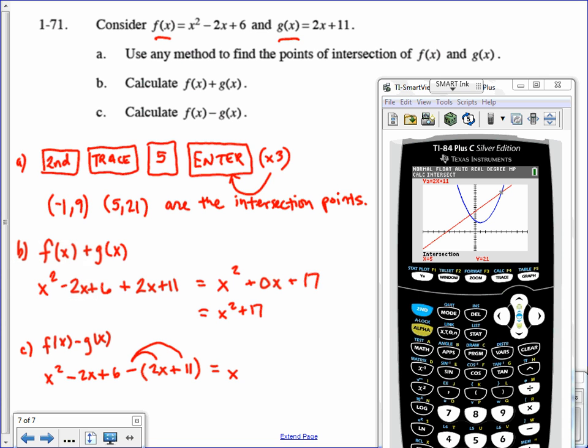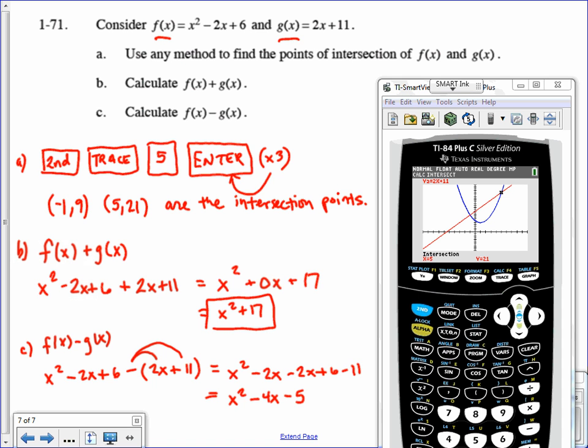So right now we're at x squared minus 2x minus another 2x plus 6 minus 11. The plus 6 came from here, and the minus 11 right here. Combining like terms, we have x squared minus 4x, and then 6 minus 11 gives me negative 5. And that should be our answer.